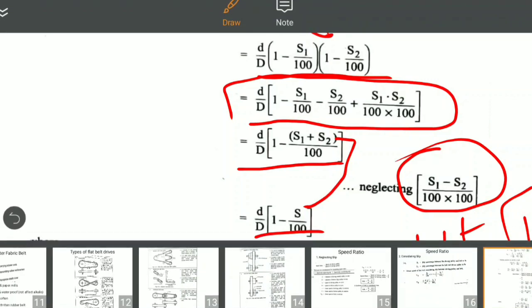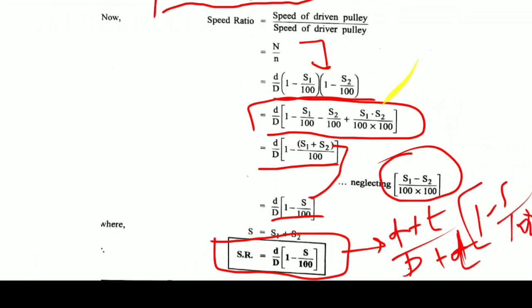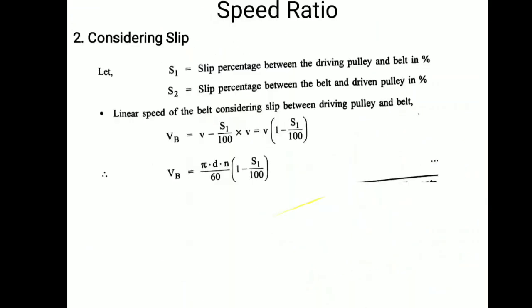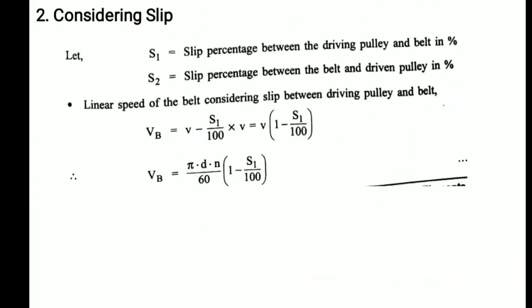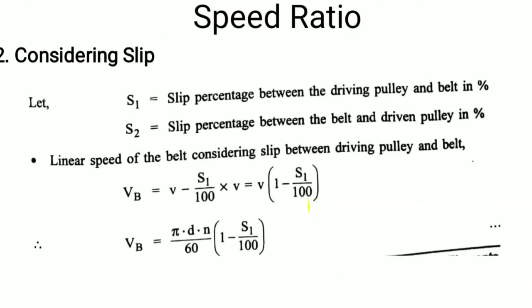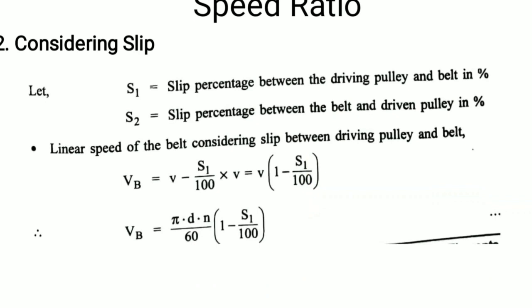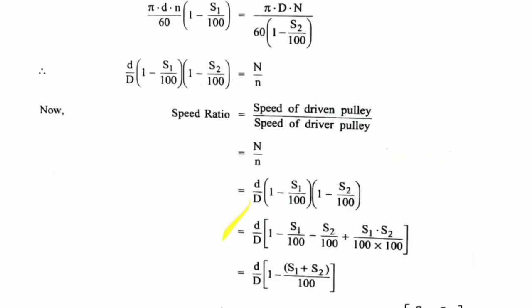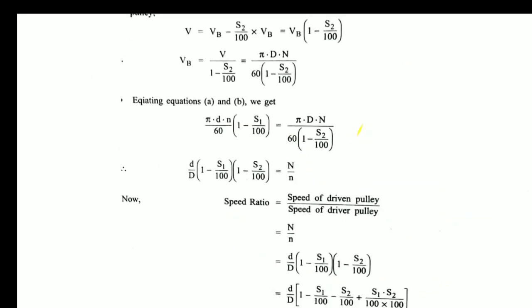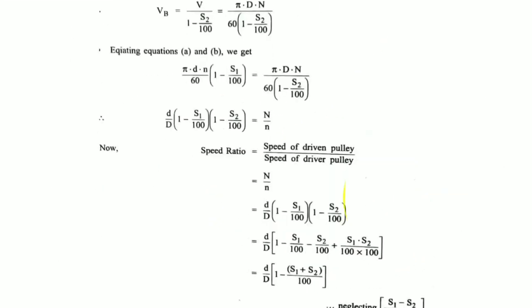So, likewise we need to derive the expression for the speed ratio. I will revise the points which we have covered in this session. In this session we have seen the speed ratio by considering slip and neglecting slip. In the first case, we considered the pulley which is situated in between the driving pulley and belt, and in the second case we considered the pulley which is situated in between the belt and driven pulley, through which we get the two equations.